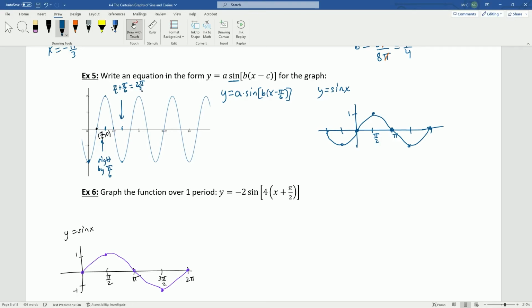That's 2 pi thirds. So in other words, the period is 2 pi thirds. Each subinterval was pi over 6, so 4 of them was 4 pi over 6 or 2 pi thirds. So if my period is 2 pi thirds, that should be equal to 2 pi over b. In this case, I don't even have to solve anything. 2 pi thirds equals 2 pi over b. b is obviously 3.